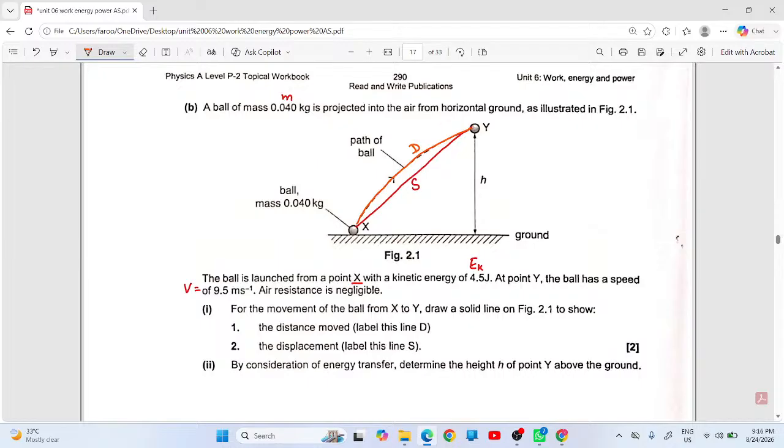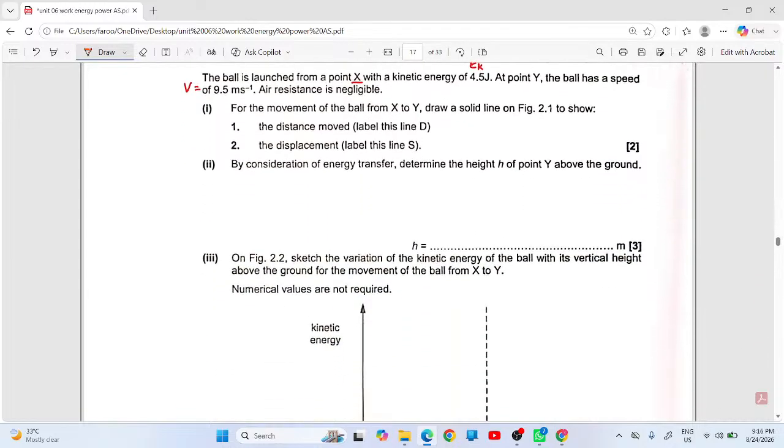Next, by consideration of energy transfer, determine the height h of point Y above the ground. You have to find the value of h. This is important.